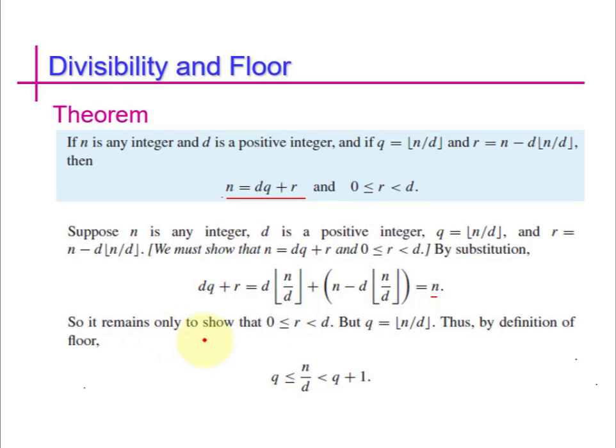So this is the obvious result we get from putting these values. So it remains only to show that 0 is less than or equal to r is less than d. We know that q is equal to floor of n over d, and by using the definition of floor, n over d will lie between q and q plus 1. Since q is that integer, n over d lies between these two integers, and we get this inequality.